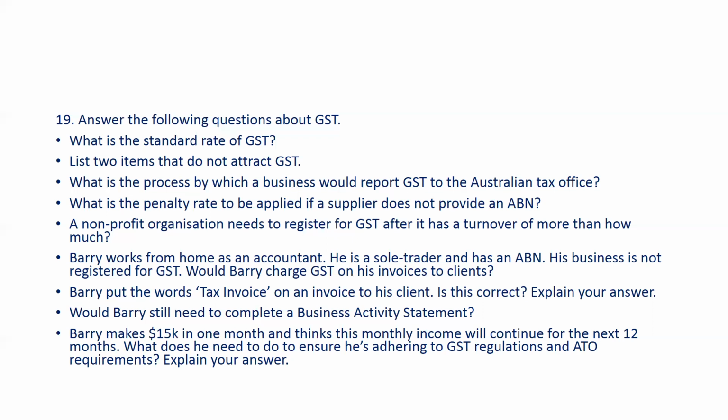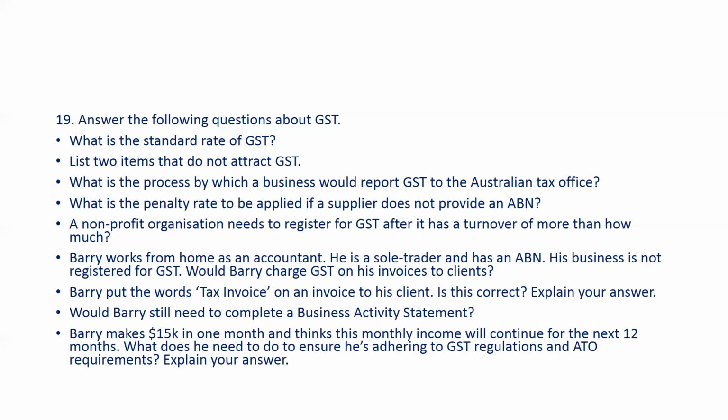So what is the standard rate of GST? From my knowledge, this is I think 10% on most of the goods and services. This is just the standard rate. Yes, some of the products they have even more GST, and some of them they have less, but standard is 10%.